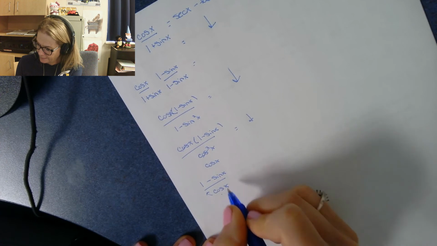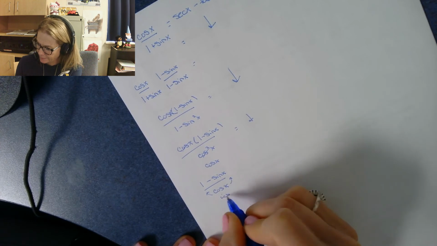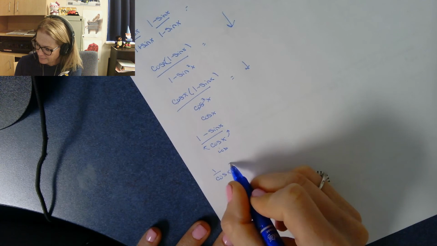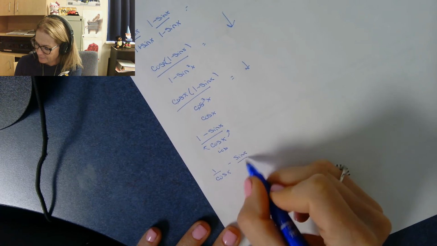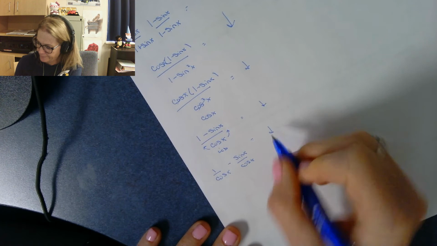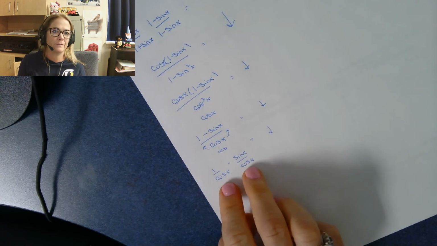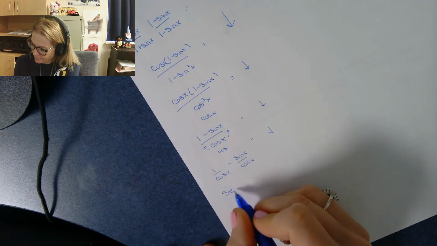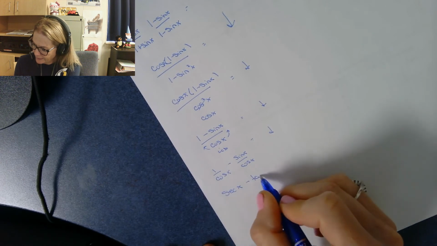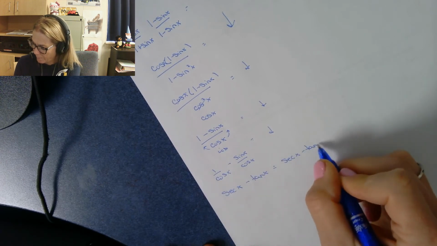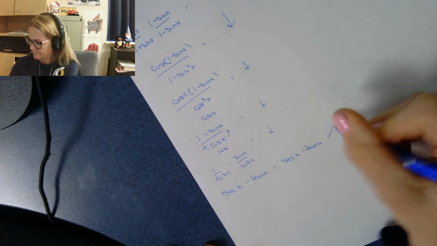That's an LCD, so it belongs to both numerators: 1 over cosine of x minus sine x over cosine of x. If you were adding these two things with common denominators, you'd keep the denominator and just say 1 minus sine of x. So there you go, and this is certainly equal to secant of x, and this is certainly equal to tan of x. And this is going to be true.